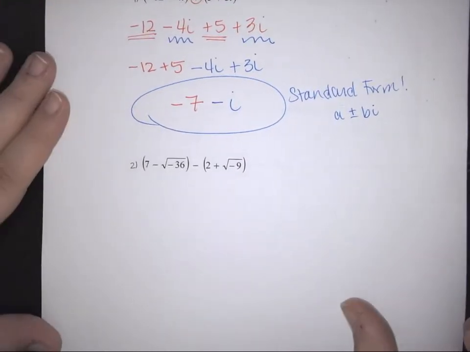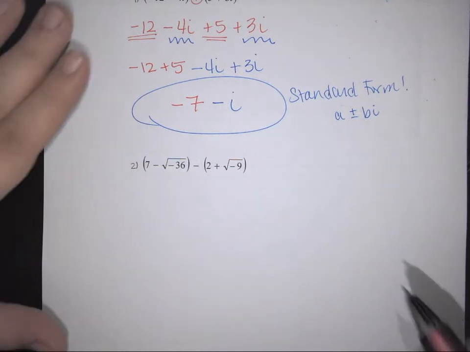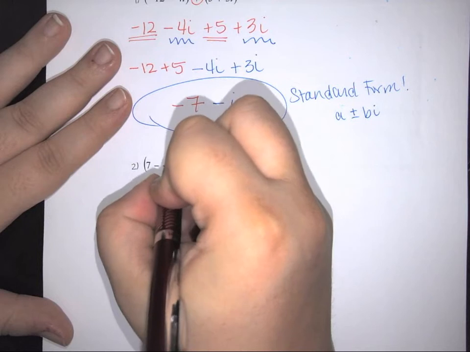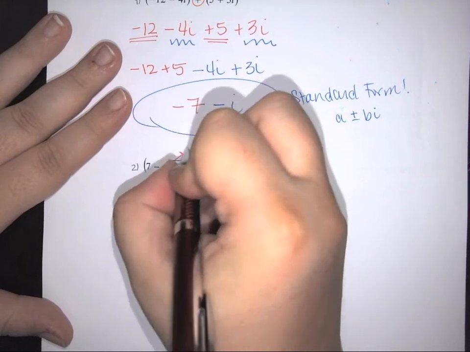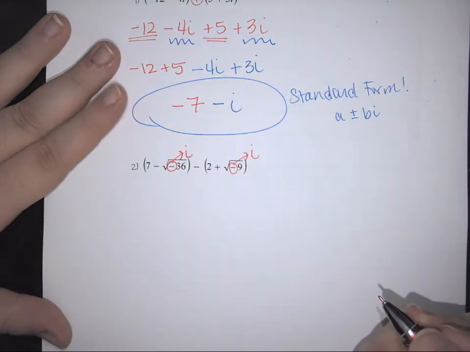Now if we look at this second one, notice I don't have any i's. So the first thing I have to do is make them. Here I have a negative, which becomes an i, and same with this, I have my negative, which becomes an i.